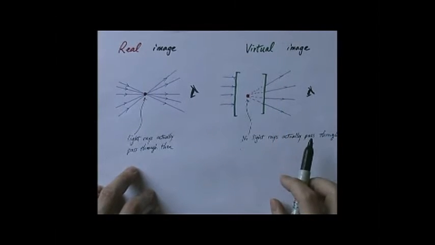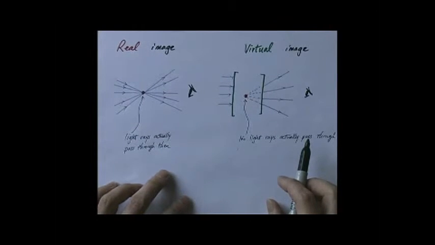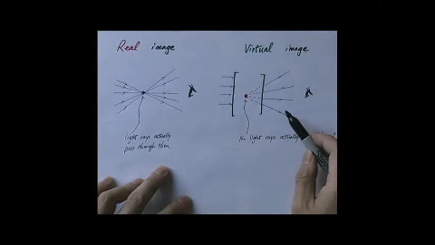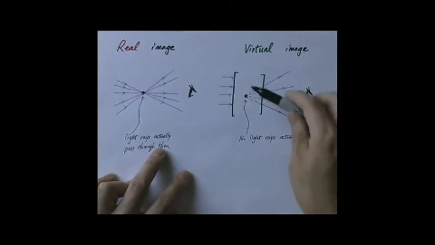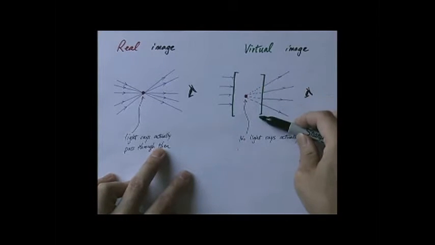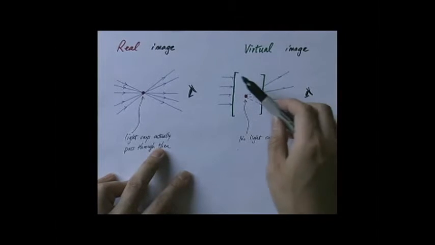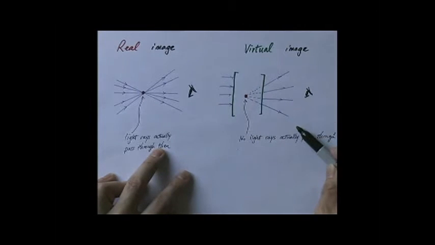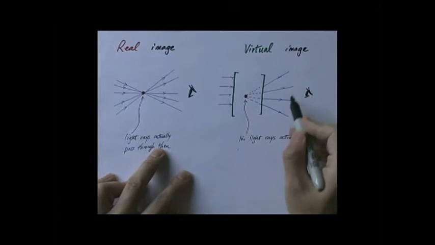What is a virtual image? Well, here's an example of a virtual image. I have a beam of parallel light, which does not really converge to any point, but then I put a piece of optical instrument here. I'll show you examples of how to do that. What that instrument does is cause the light rays to go sideways like this. And we look at these light rays. This is our eye.